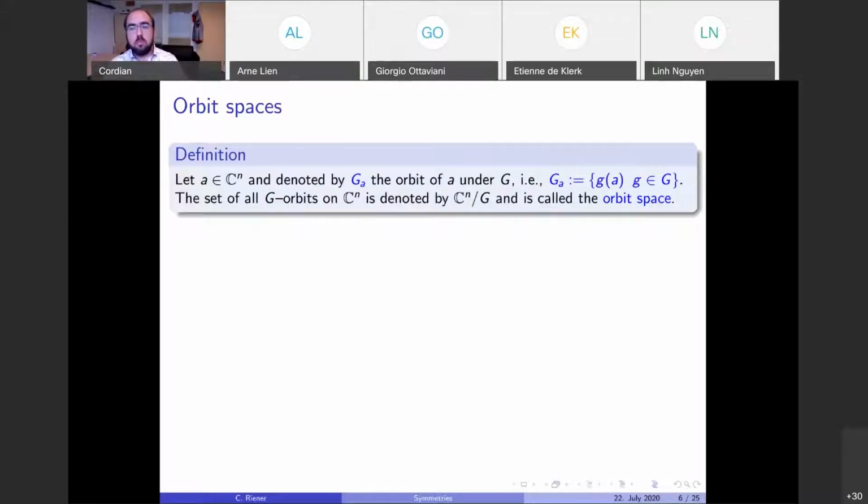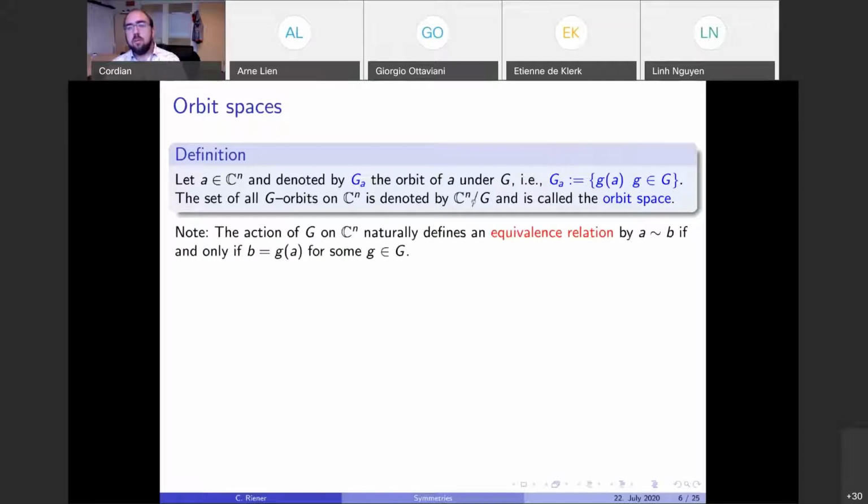So this is all the points of the form g(a) for some g in G. The set of all these orbits we denote C^n modulo G, and this is the orbit space. Why does this modulo notation make sense? We have this action on C^n, and this defines a natural equivalence relation: two points are equivalent if they are in the same orbit, so if b is g(a) for some g in G.